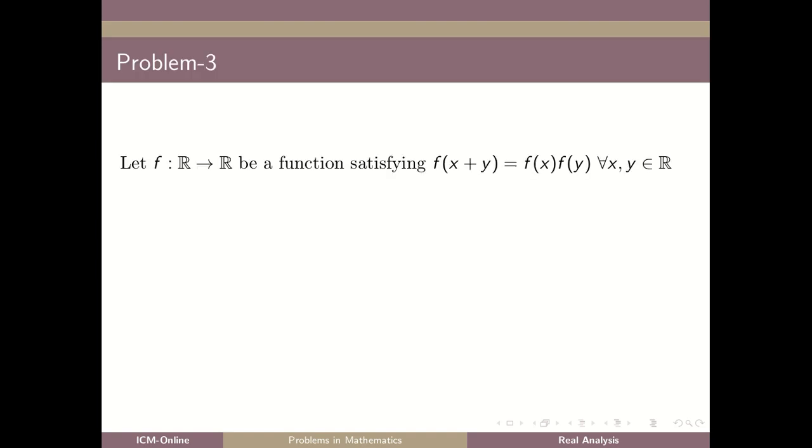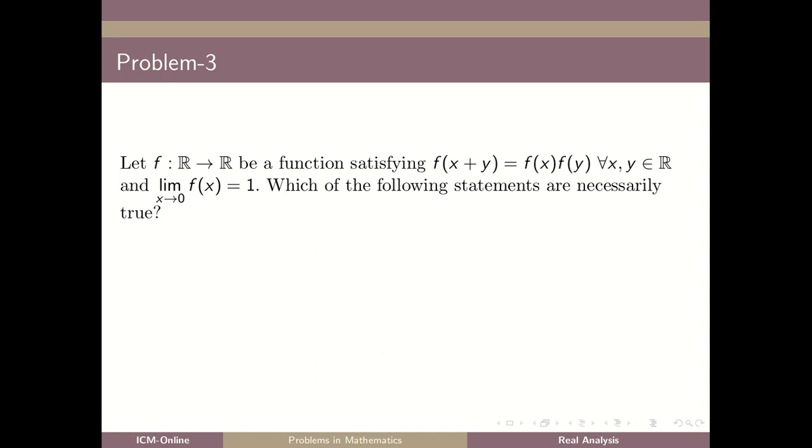Problem number 3. Let f be a function from R to R satisfying f of x plus y equals f of x into f of y for every x, y in R, and limit x tends to 0 of f of x equals 1. Which of the following statements are necessarily true?